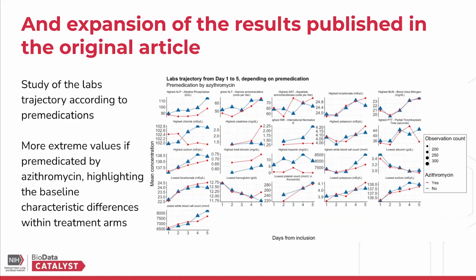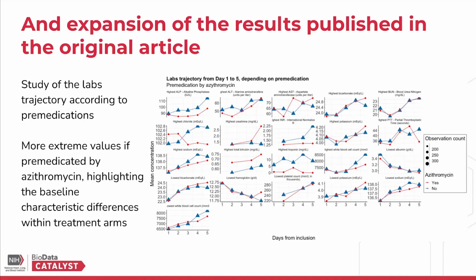Besides reproducing the results, we've also been conducting some exploratory and supplemental analysis using the ORCHID clinical trial data. What we've done, for example, was to look at the co-treatments that were taken by the patients, and treatments that were administered before the inclusion in the clinical trial.